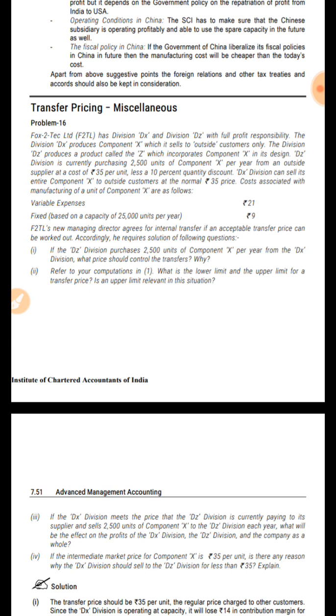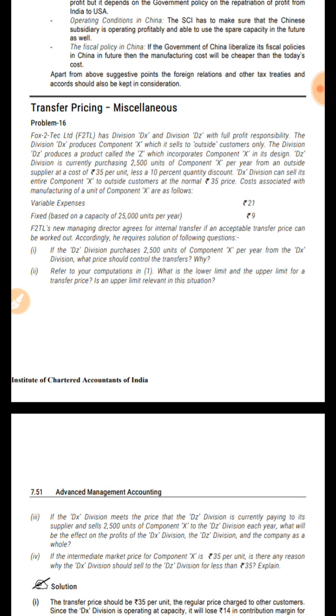Costs associated with manufacturing of a unit of component X are as follows. Variable expenses Rs 21, fixed based on capacity of 25,000 units per year, Rs 9.